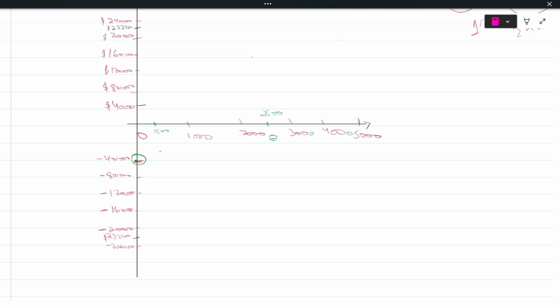That should be somewhere over here. And the first point would be over here, because at 0 units you just incur the 40,000 fixed costs. For all three, the fixed cost point would be the same, because all three products have the same fixed cost, which is 40,000. So this is how it works.